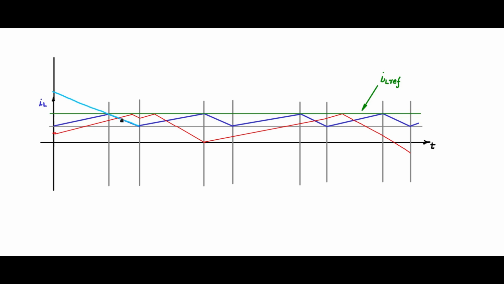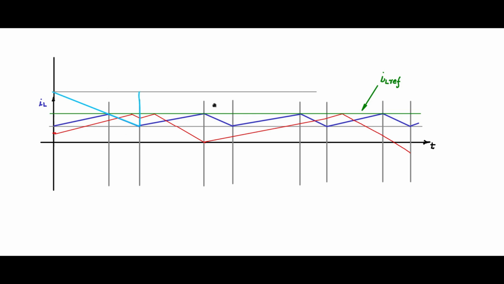The falling slope of the inductor is minus V0 by L, or minus VB by L for the case of the buck converter. We will continue that same slope upwards. This is the slope line that we will use for the time period Ts, and we will repeat the same slope line for every time period.